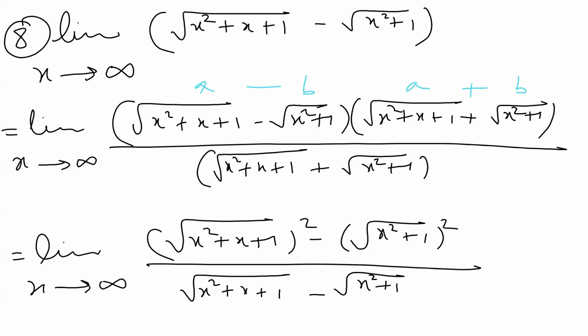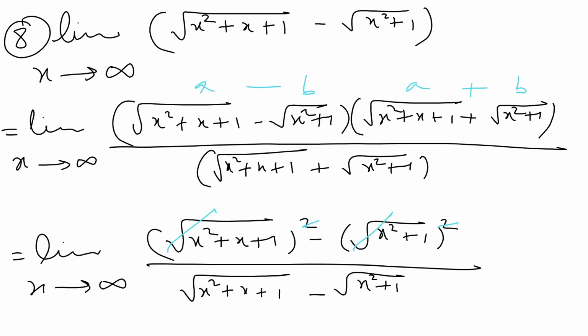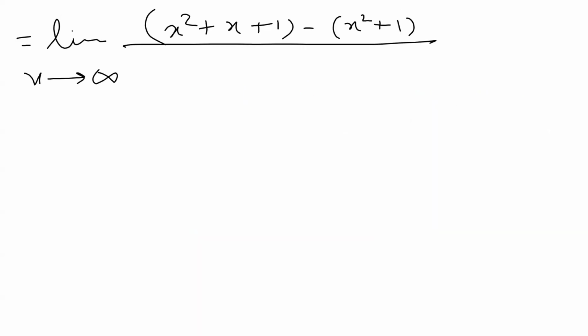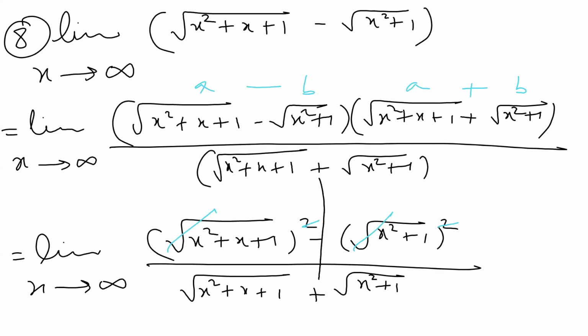Now this root and this square are gone. So this will be limit, root and square are gone, but keep the brackets intact, and down it will be root of x square plus x plus 1 plus root of x square minus x plus 1. I think it should be plus. Yes, this is the plus sign over here.